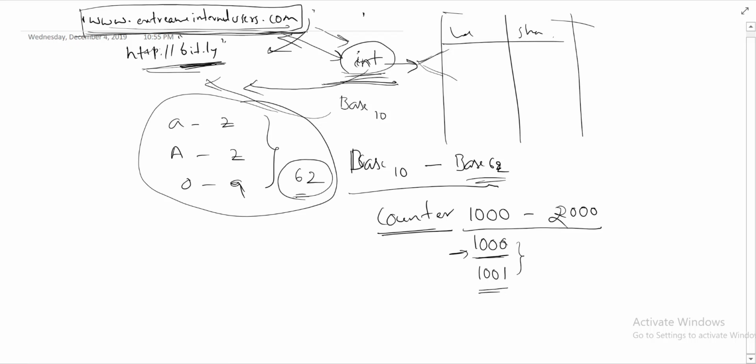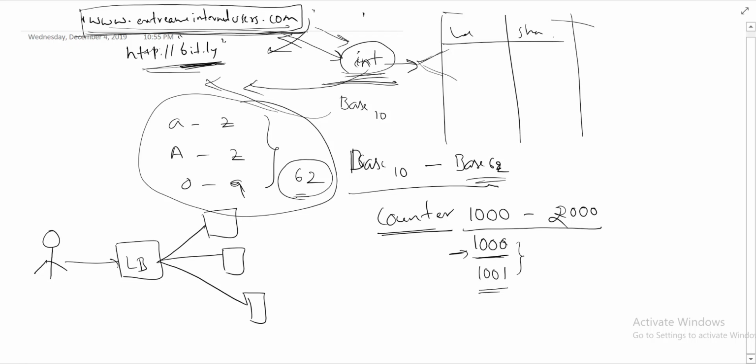So this is the design. When it comes to scale, it will look something like this. The user hits a load balancer, and the load balancer distributes the load to the nodes. These nodes should have ranges.